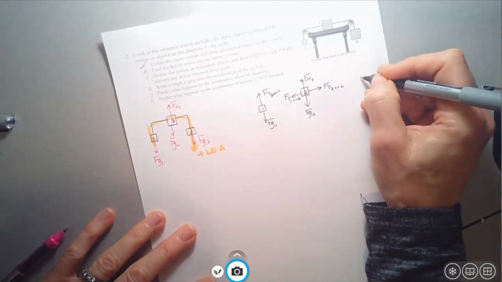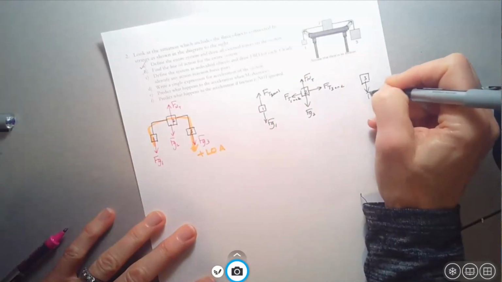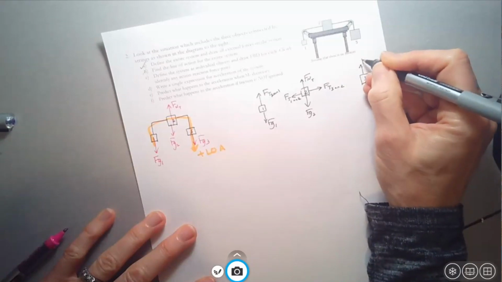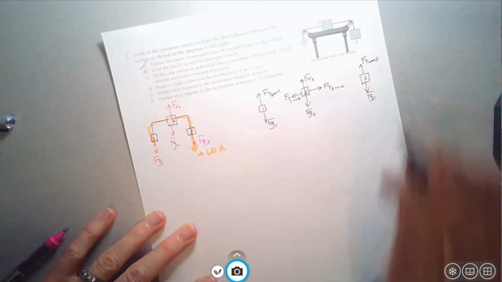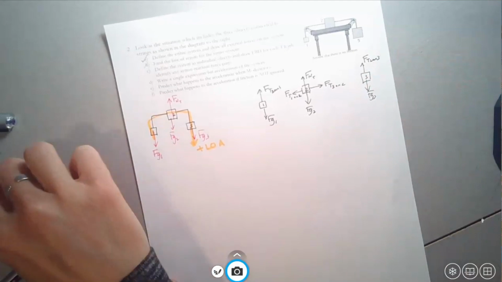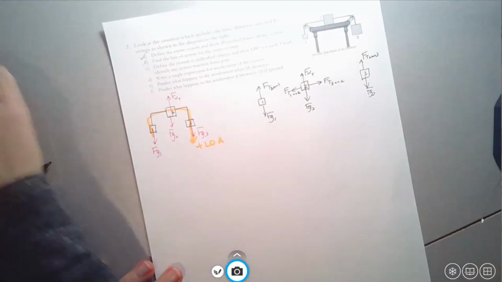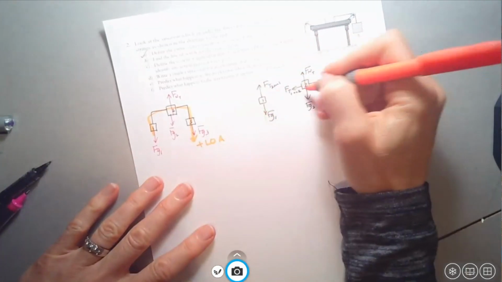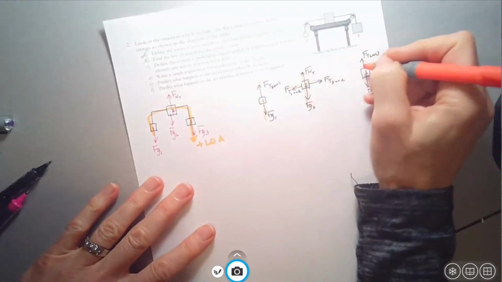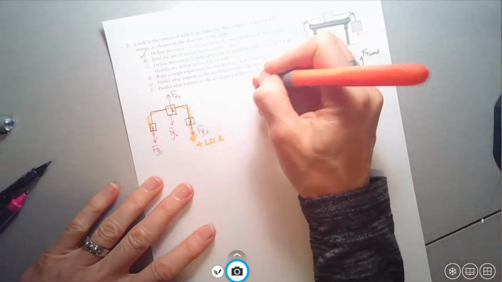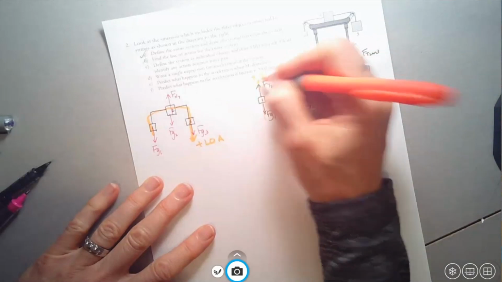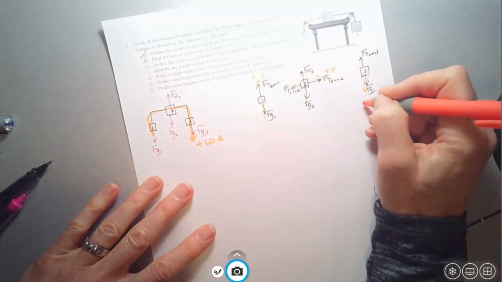And then this one has Fg3, Ft2 on 3. And for each of these, your axis would be vertical, horizontal would be your line of action, and down would be your line of action.